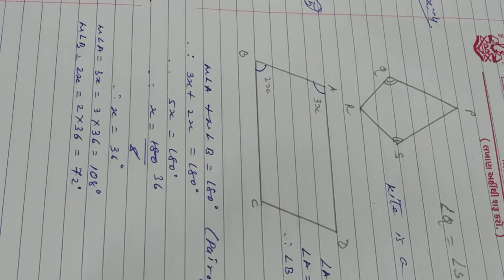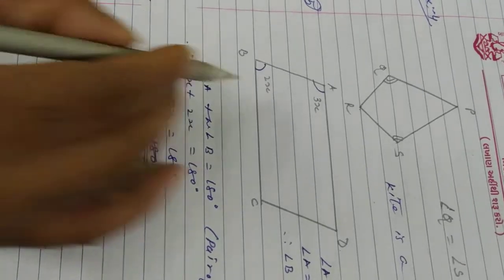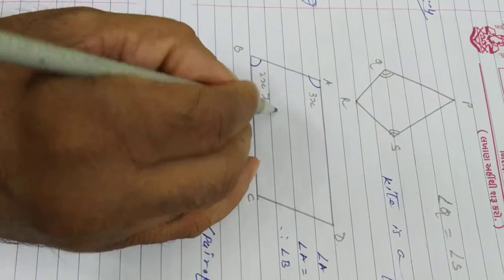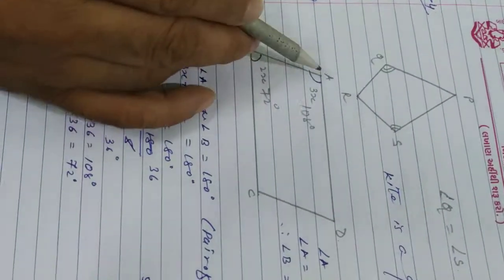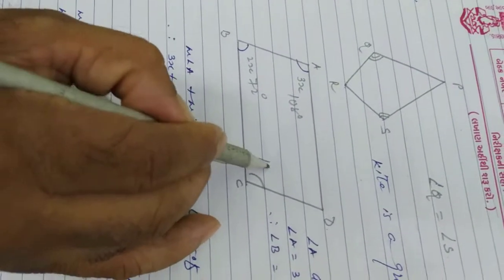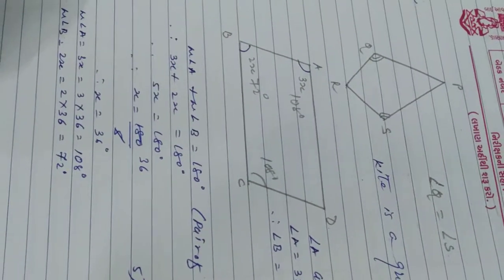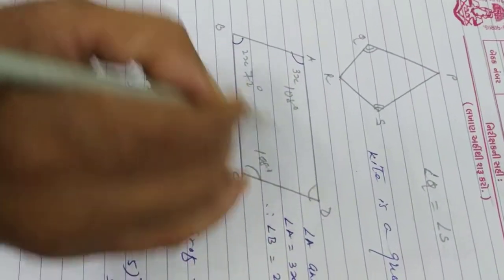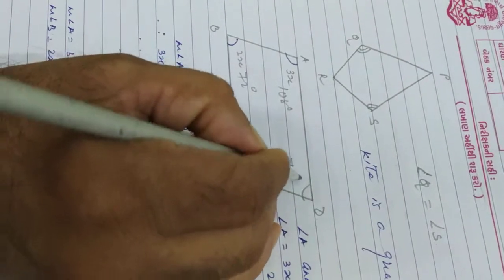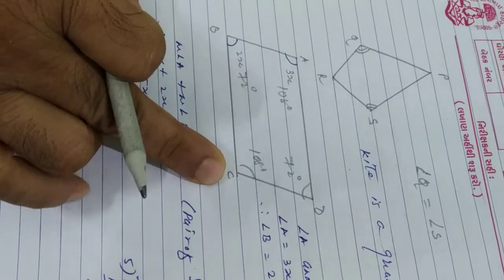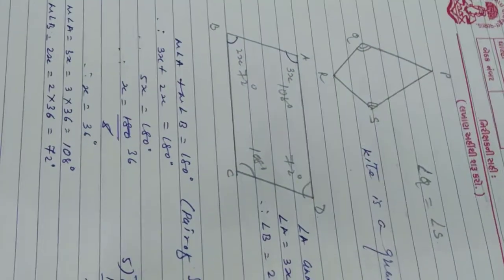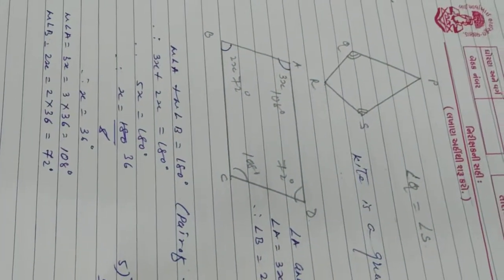Right? Now apply the values in the figure. Measure angle B is 72 degree and A is 108 degree. Now opposite angles: C is 108, and D is 72 degree. Because B and D are a pair of opposite angles, A and C are also a pair of opposite angles. Got it?